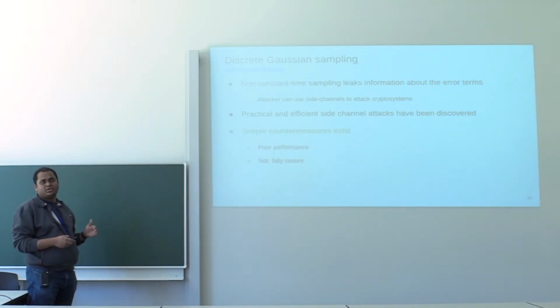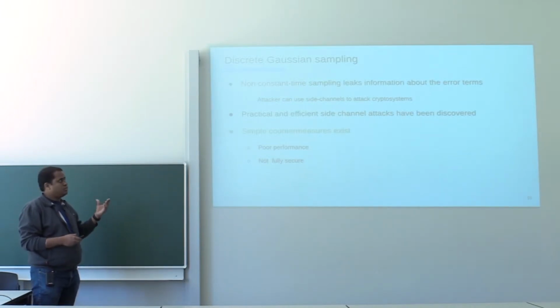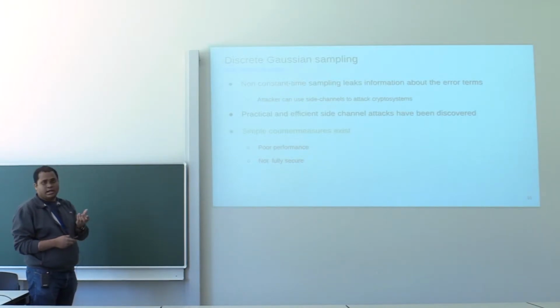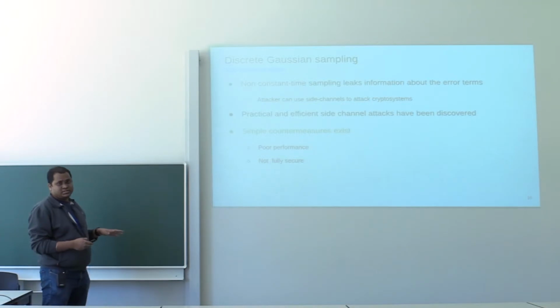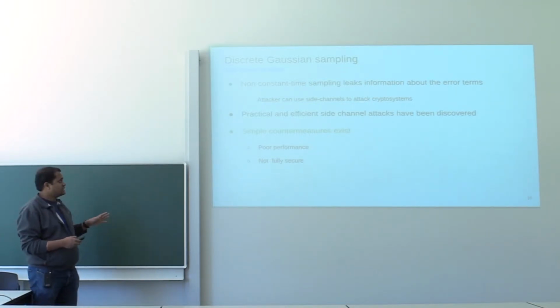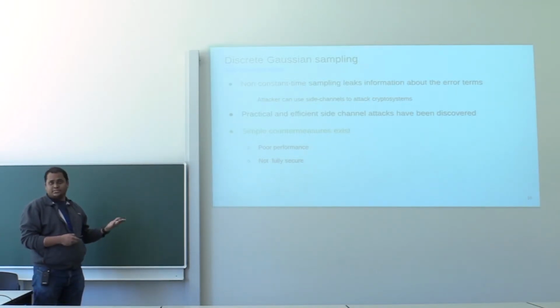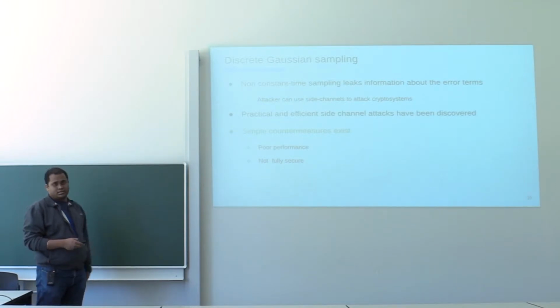This is mainly because of efficiency. Attackers can use this information to extract a lot of information about these noises and errors and the secrets. There exist very efficient side-channel attacks which can exploit this information to completely break the cryptosystems.